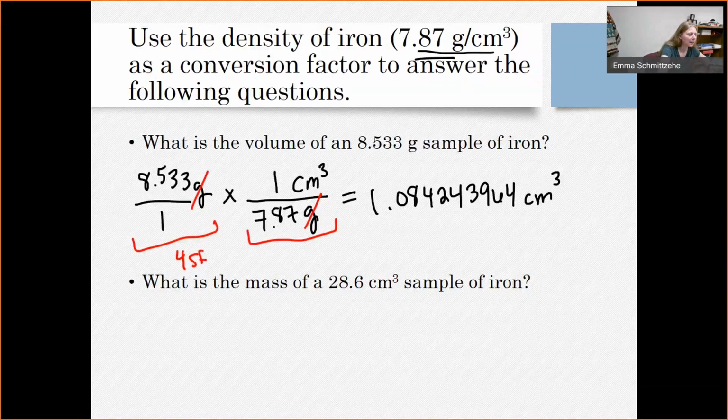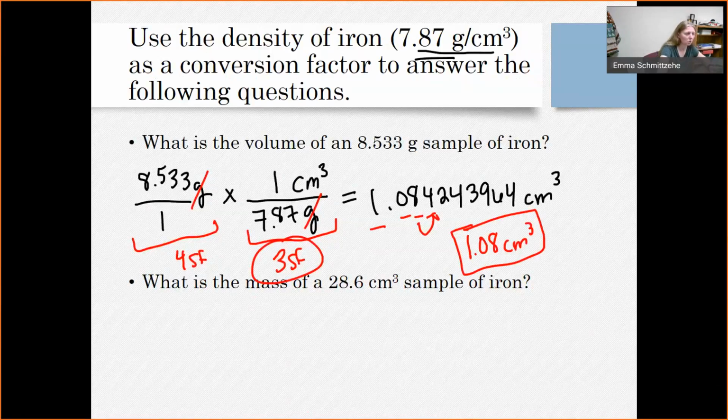And so that has error. And so that's 3 sig figs. Okay, so 4 sig fig value, 3 sig fig value, 3 sig figs limits my calculation. So I have a 1, a 0, an 8. Those are my 3 sig figs. I look to the right of that. The 4 isn't going to affect it. So I have 1.08 cubic centimeters as my answer, okay, for my volume.